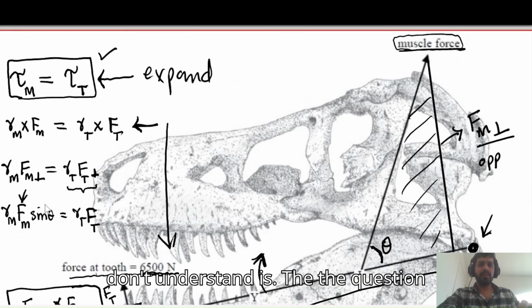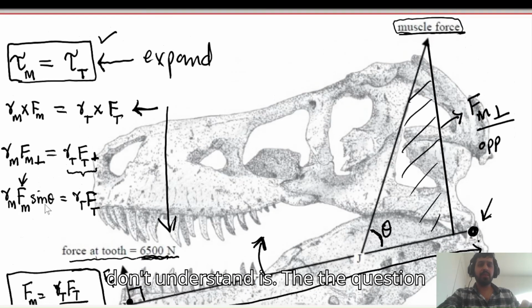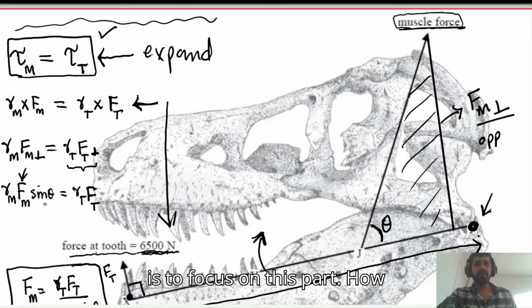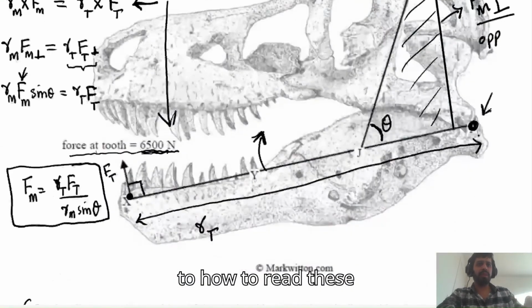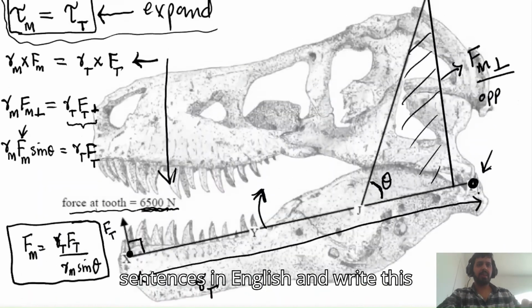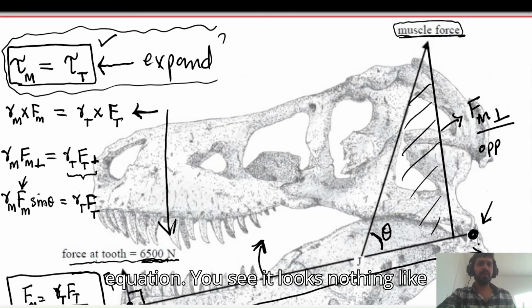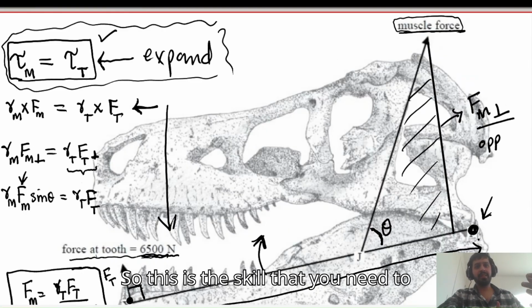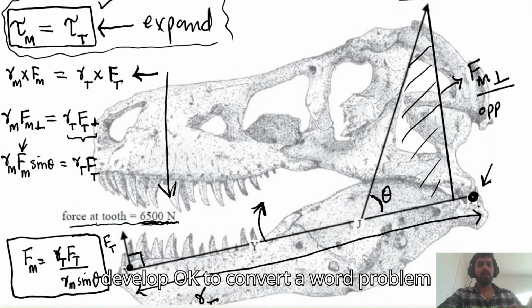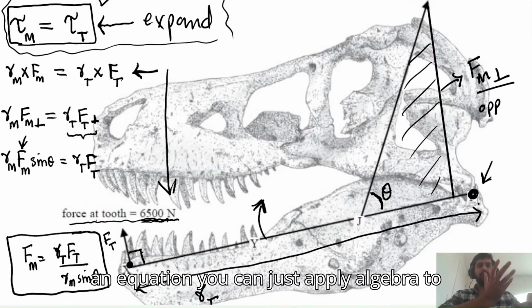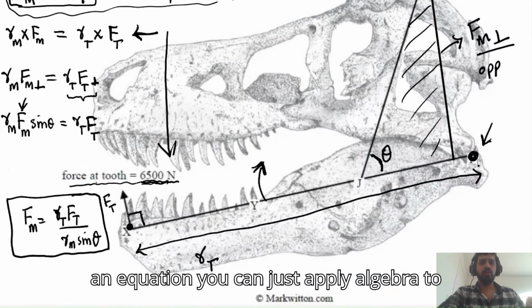What they don't understand is that the understanding you need to develop is to focus on this part, how to read these sentences in English and write this equation. You see, it looks nothing like this question. So this is the skill that you need to develop, okay? To convert a word problem into an equation. And then once you have an equation, you can just apply algebra to solve it.